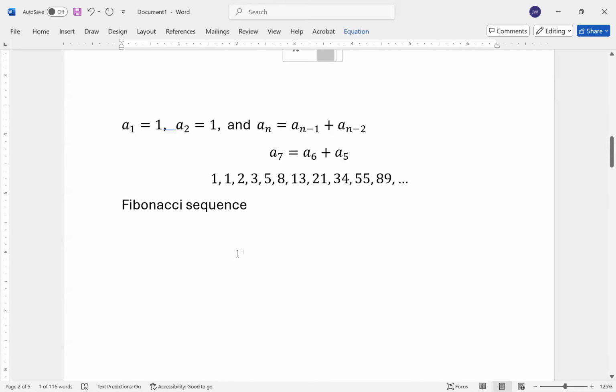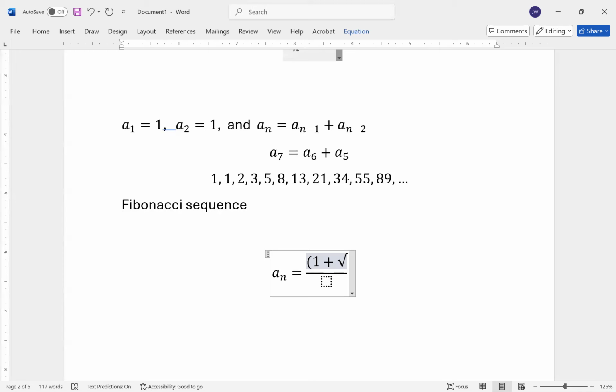Other times, the sequence's function version can get really, really messy. For instance, the Fibonacci sequence, if you derive the formula for this, it takes quite a lot of work. But the Fibonacci sequence is a really messy looking expression.